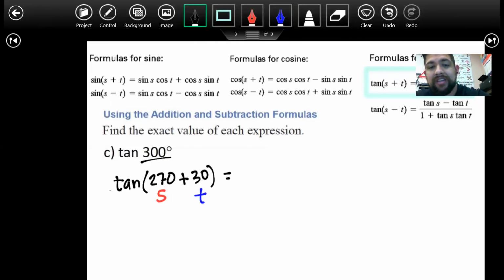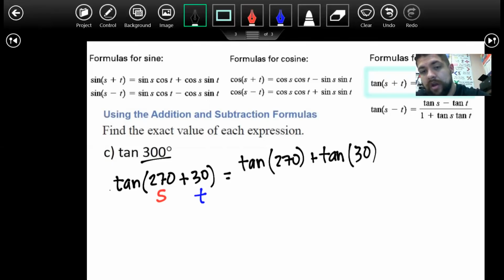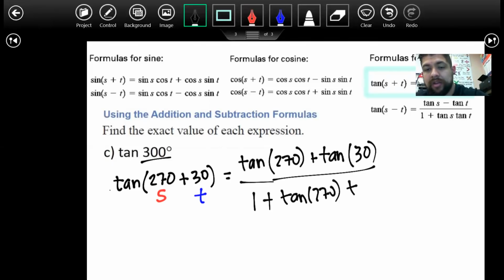So tangent of S, or 270, plus tangent of T, which is 30, all over 1 plus tangent 270 times tangent of 30. And again, you have these located on your unit circle.